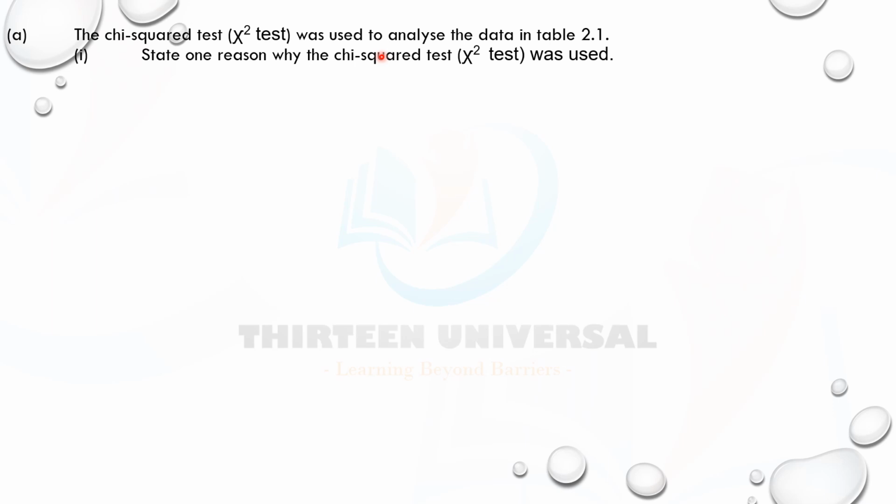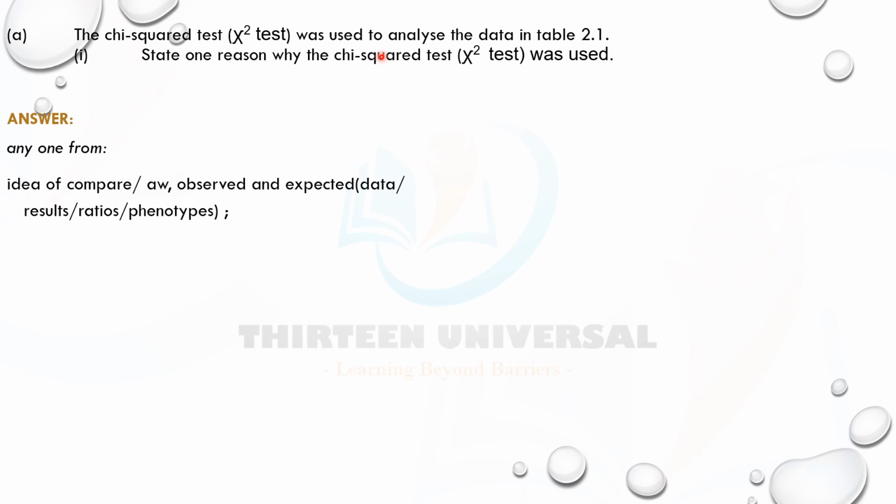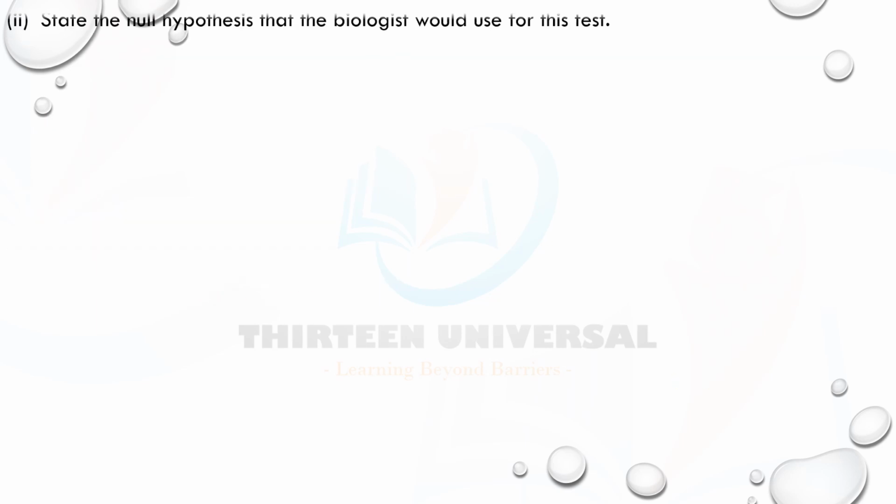It's also nominal. The idea is to compare expected and real ratio. Anytime you are dealing with chi-square, remember the data should be categoric, different types, different categories, like the phenotype gives different categories. The data for each of them represents a particular category. So it must be discrete, discontinuous, nominal, and binary, no sequence. 1 mark.